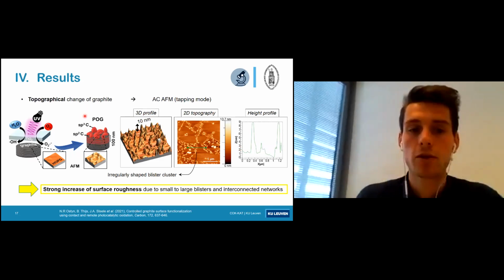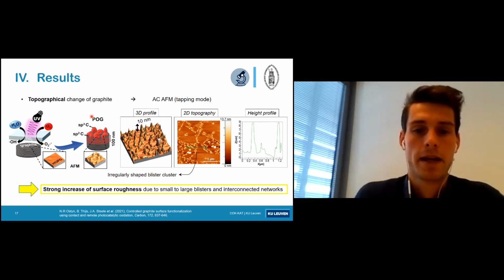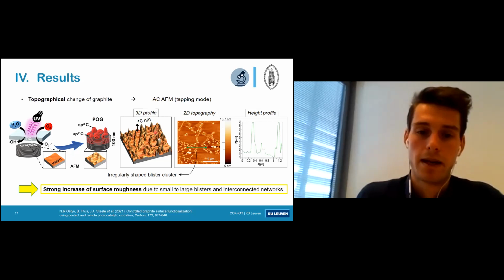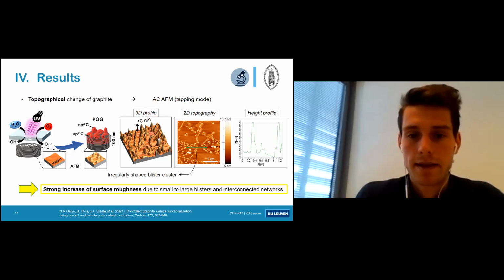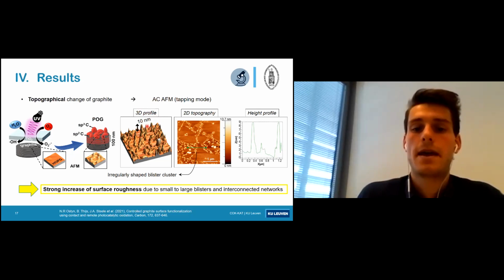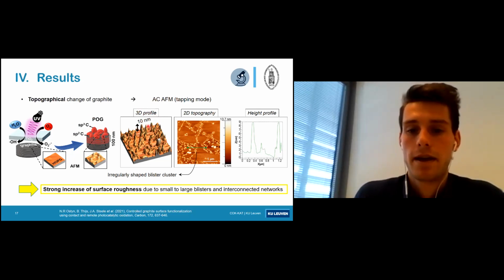The topographical change, which was already partly seen by SEM, is shown here by AFM. As you can see, the smooth HOPG plane is very flat, but it becomes more bumpy and decorated with surface blisters after photocatalytic oxidation. Here we have blisters of around 10 nanometers in height.